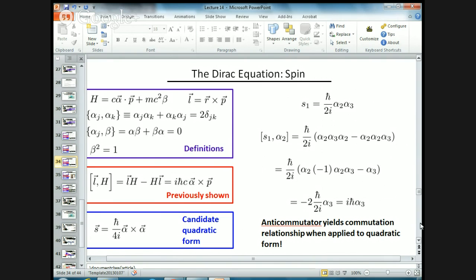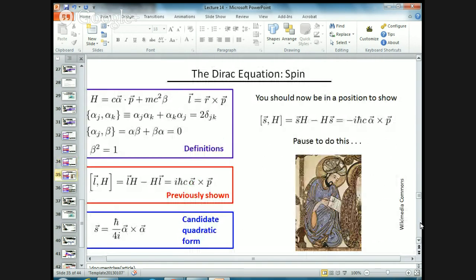That looks like an angular momentum commutation relationship. And anyway, what happens when you take this vector S that I've defined in terms of the cross product of the alphas and commute with the Hamiltonian?